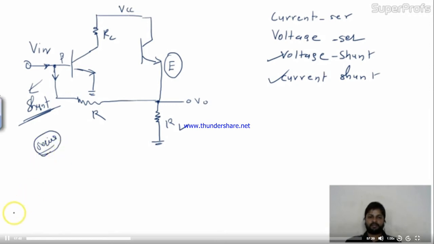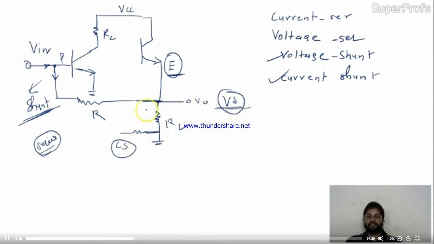Okay, friends. But see, at the same time I told you, if anything is going before load, means it's voltage source. If something is going after load, like this, it will be current source. This is a very important formula. If these two things occur simultaneously, that from emitter you are taking something after load, before load, you have to take care of it.